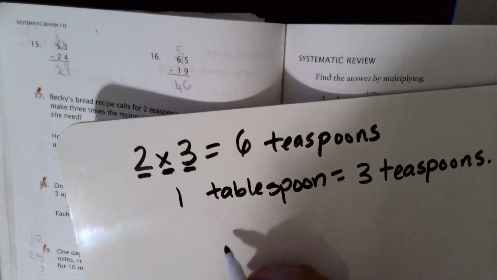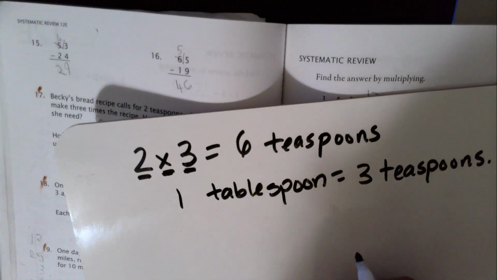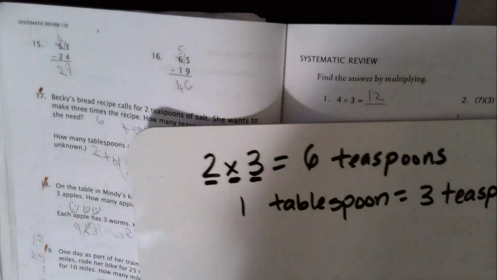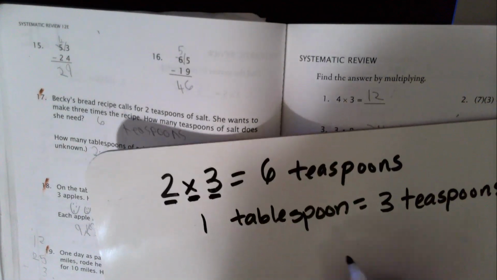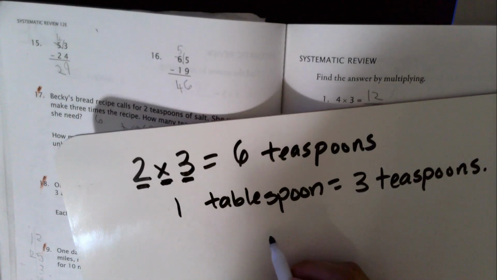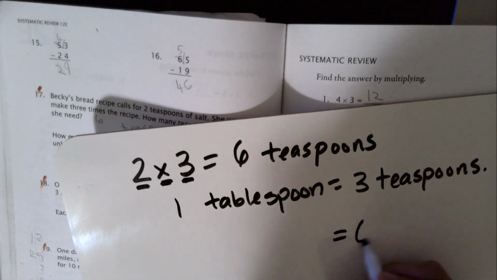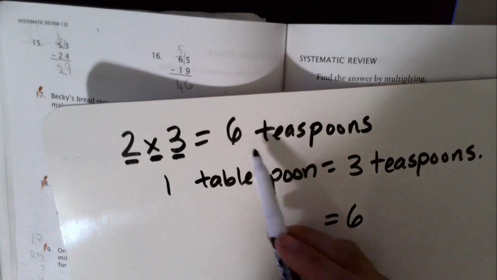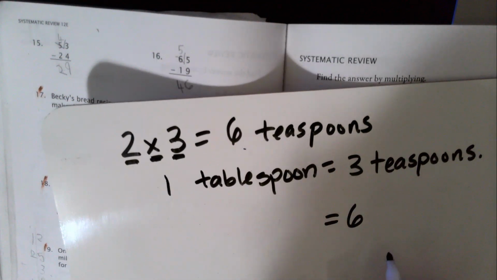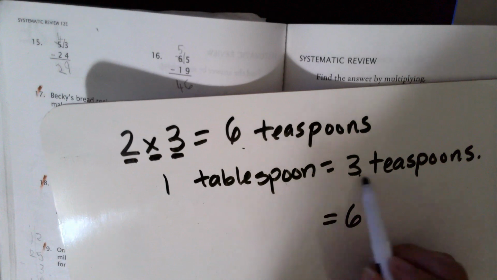So what we'll do is we'll do this. It says, how many tablespoons of salt does she need? Okay, so we're solving in tablespoons, so we'll do 6 is our ending, because that's how much we have all together. And then we have 1 tablespoon equals 3 teaspoons.